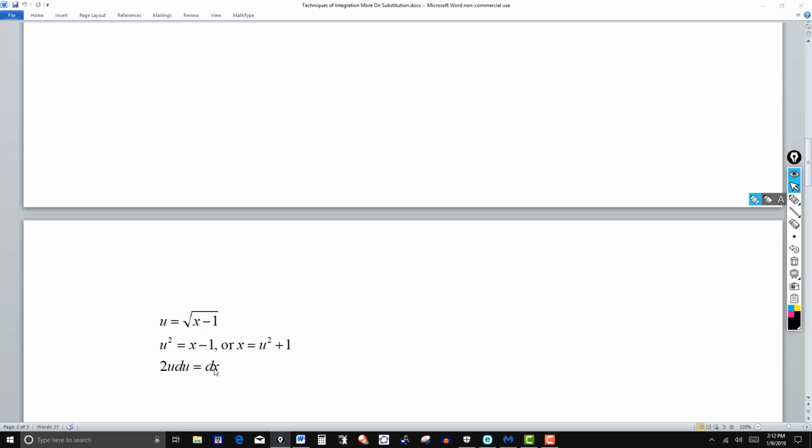So we can make these substitutions into the integral, into the integrand, I should say.